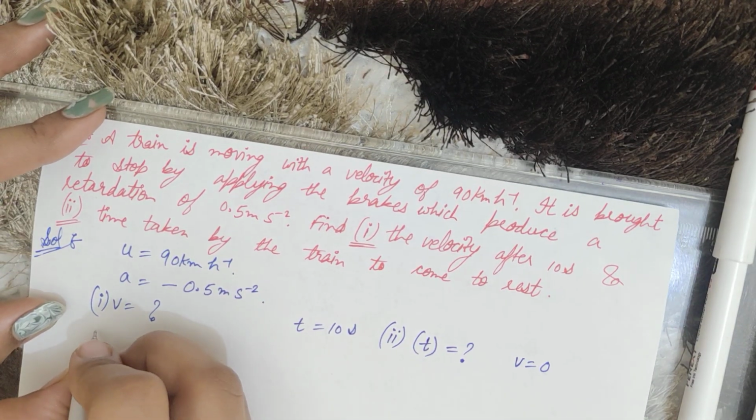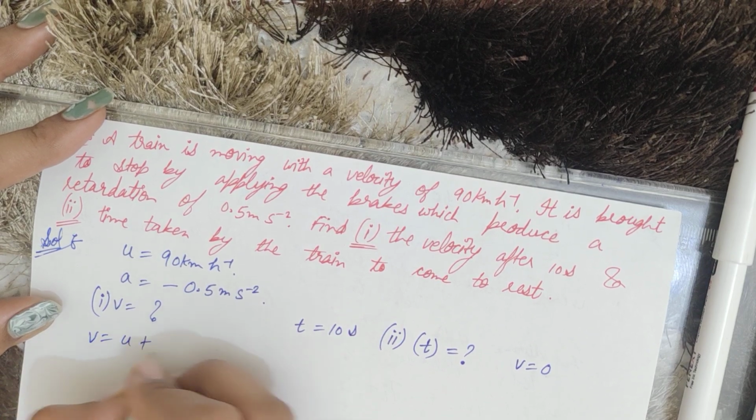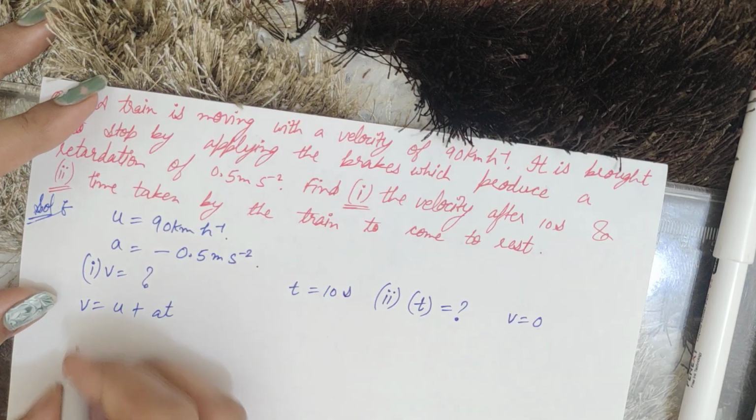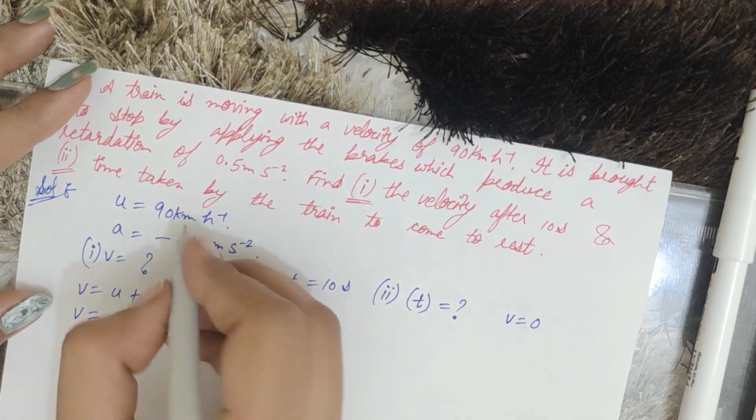For the first one, we know the formula: v is equal to u plus at. This is appropriate for it. So v is equal to u, which is 90 km per hour.